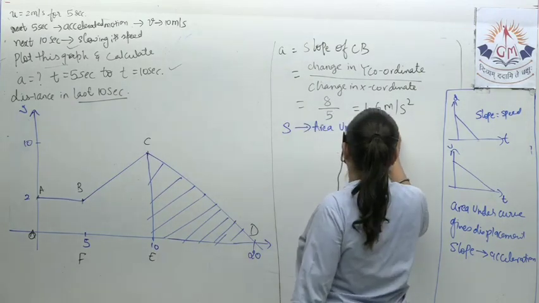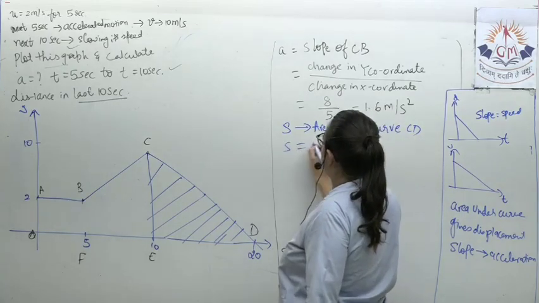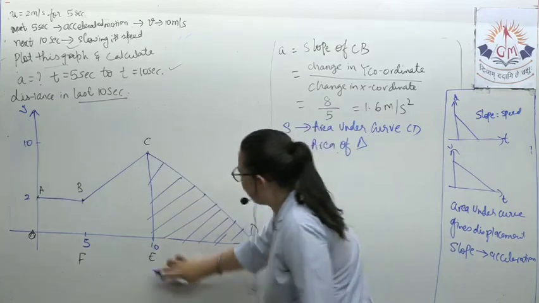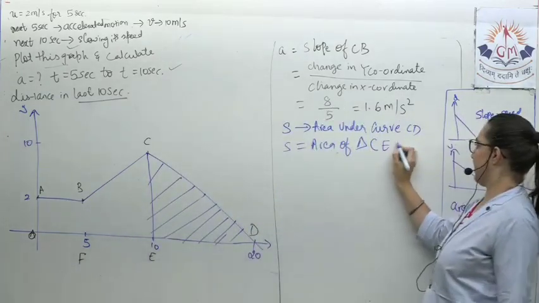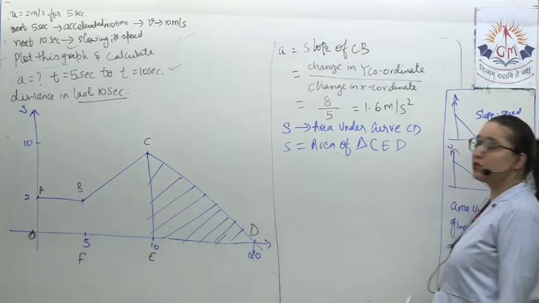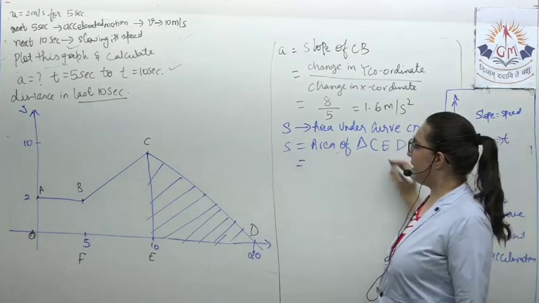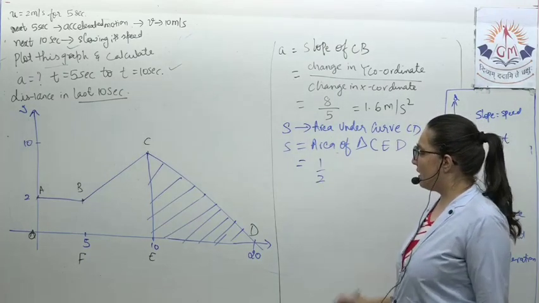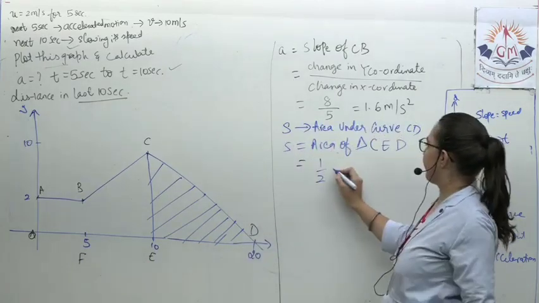CD. That is the area of which triangle? Area of triangle CED. You need to see both the things, the graph as well as this further thing. What is the area of triangle CED? It is half base into height. What is the base? The base is 10 to 20, that is 10.